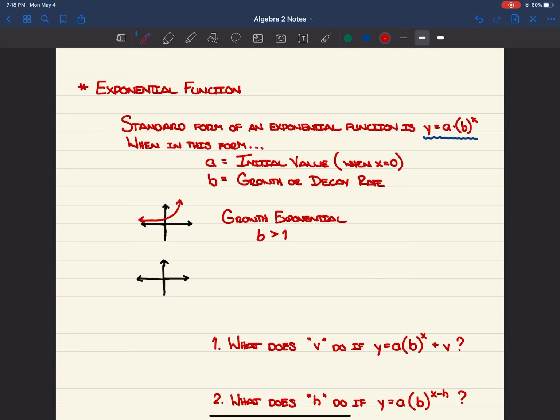On the other end of the spectrum, we could have a decay function, which looks something like that. So if I write here decay exponential, a decay exponential is going to have a b value somewhere between 0 and 1. You might think of this as a decimal between 0 and 1, or maybe a fraction between 0 and 1. So those are our two types of exponential functions.